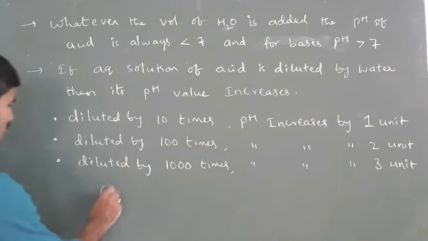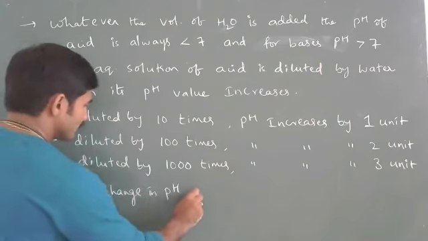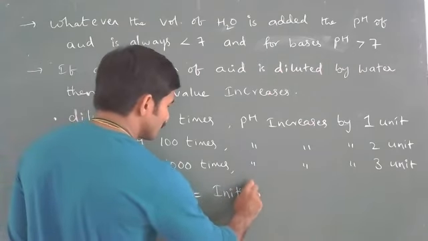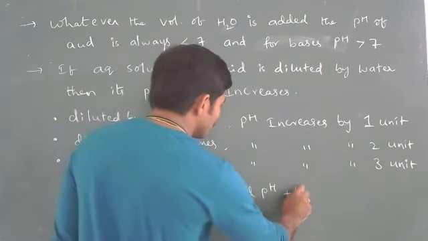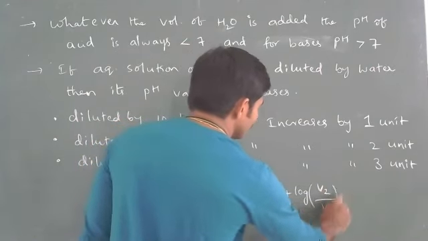So change in pH is equal to initial pH plus log V2 by V1.